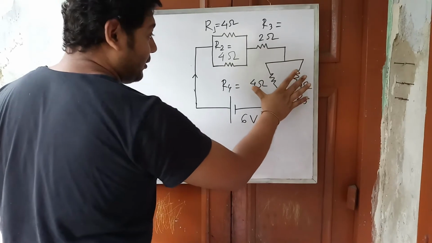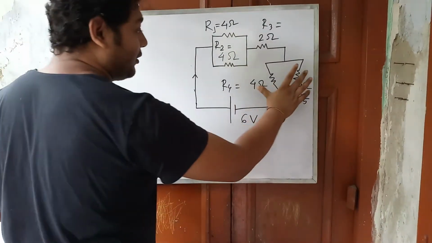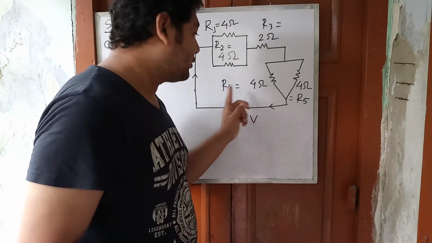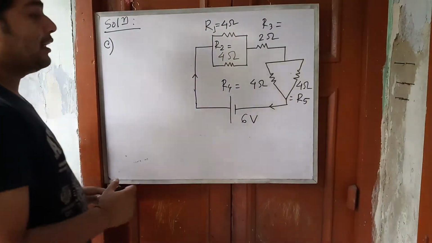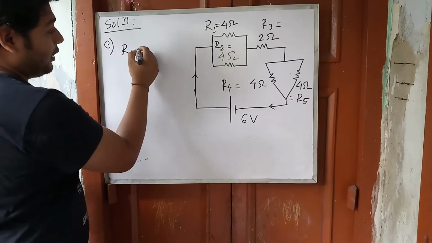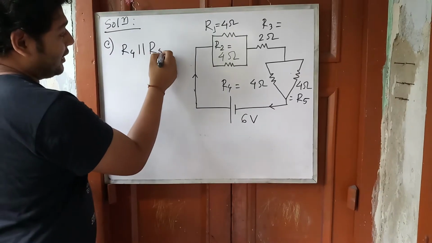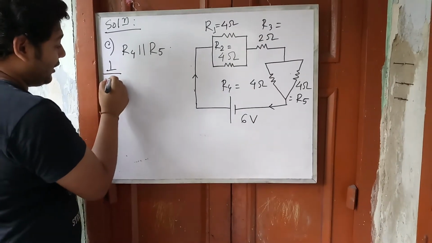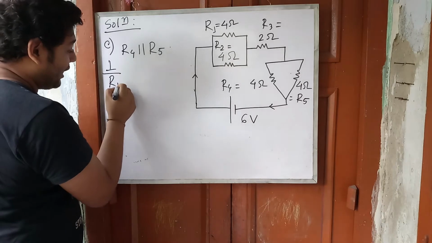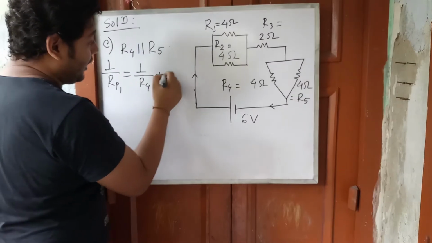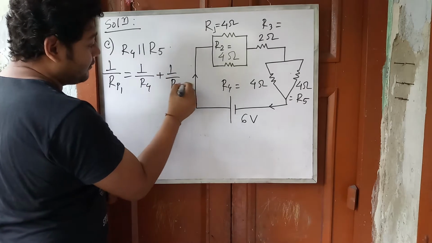According to the picture of these resistances, we can see that R4 and R5 are in parallel combination. Okay, R4 and R5 are in parallel. So we can get the equivalent resistance of this part, RP1: 1 by RP1 equals 1 by R4 plus 1 by R5.